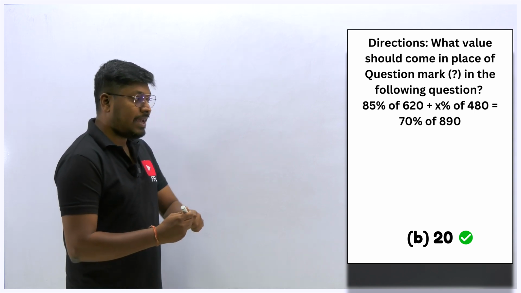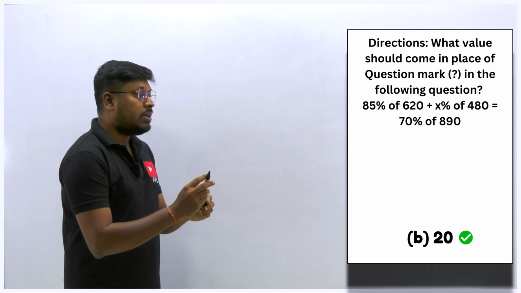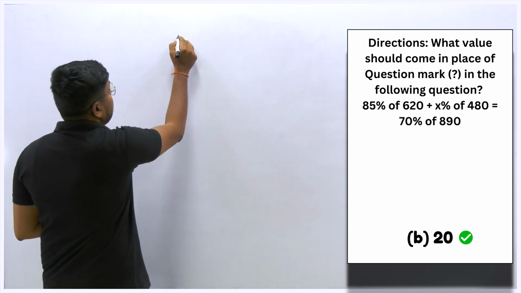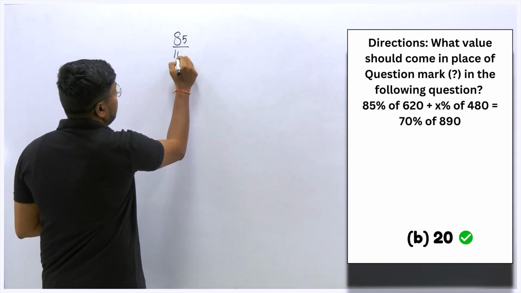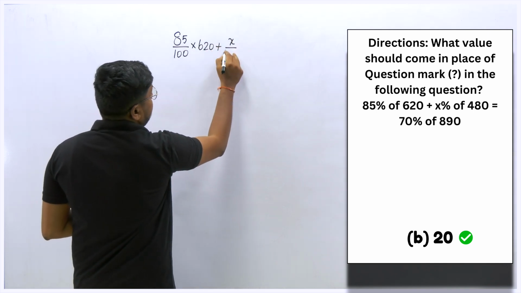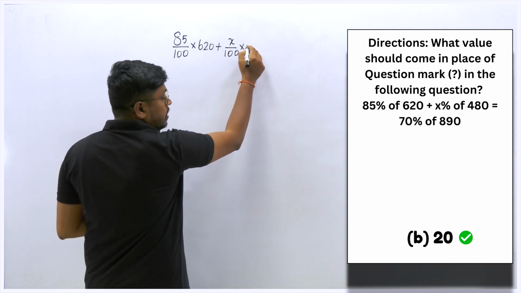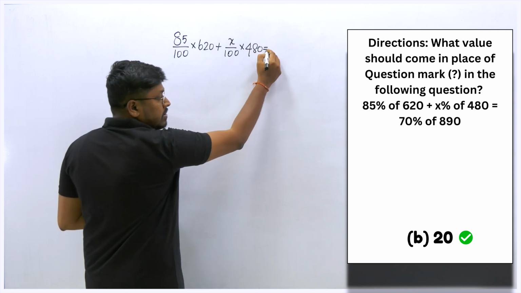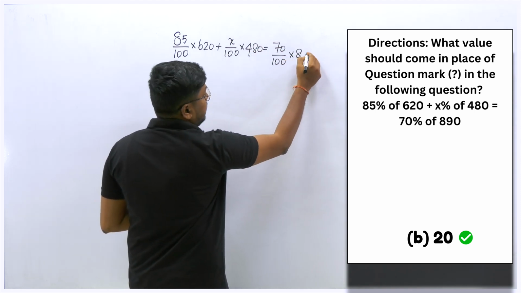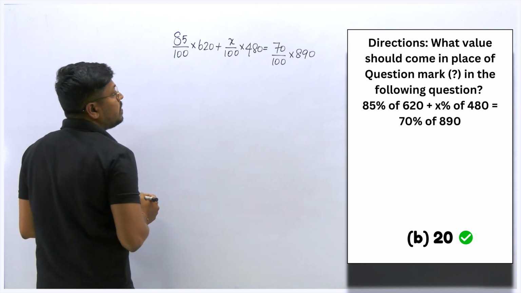85% of 620 plus x percent of 480 is equal to 70% of 890. First, 85% can be written as 85 divided by 100, into 620, plus x divided by 100 into 480, is equal to 70 divided by 100 into 890. Now try to cancel it.